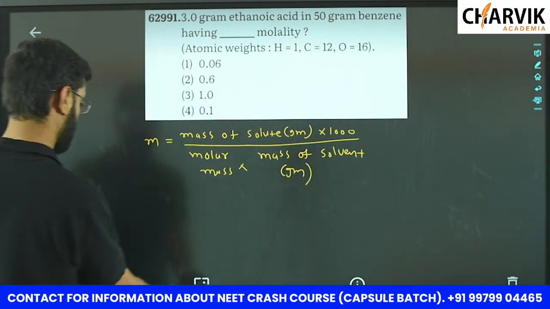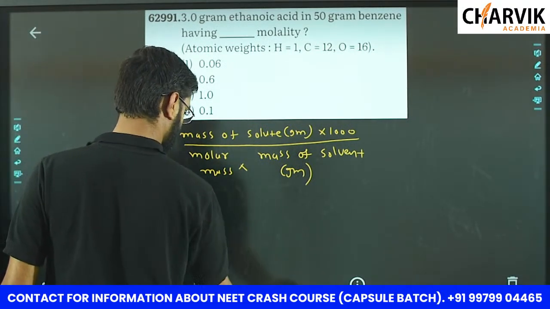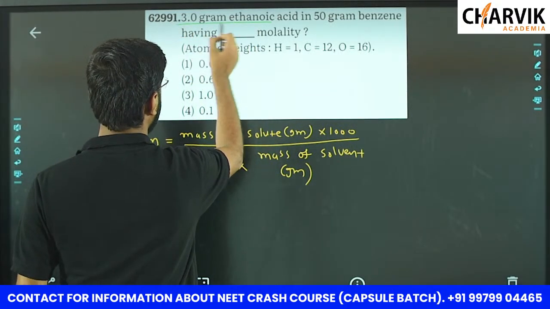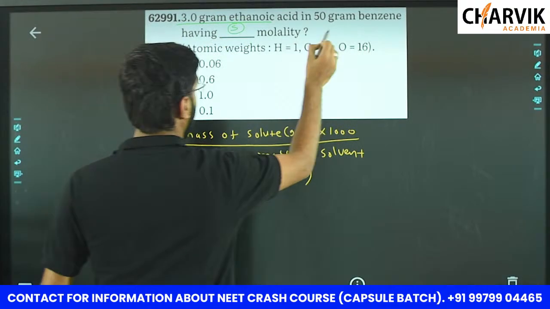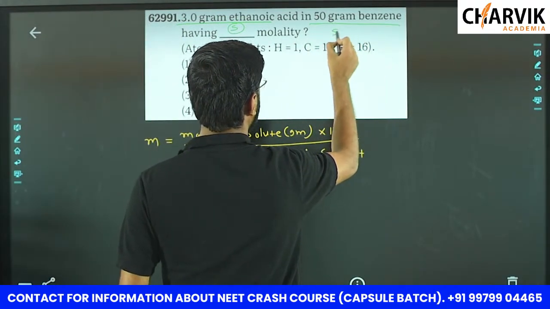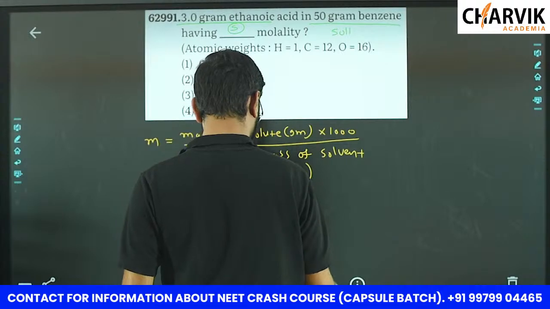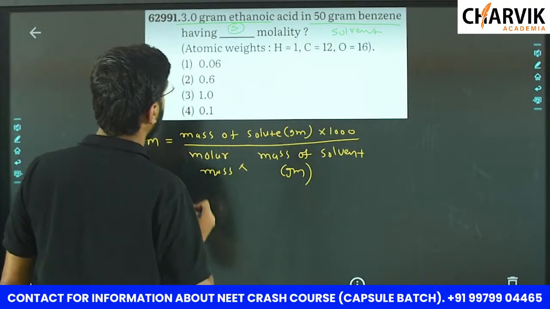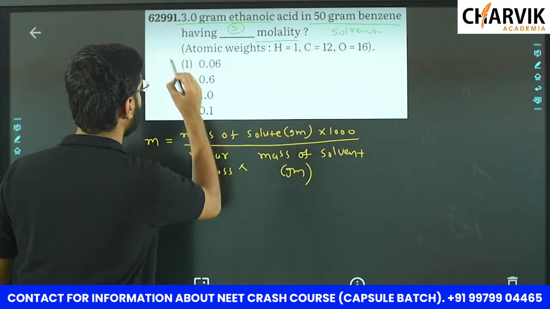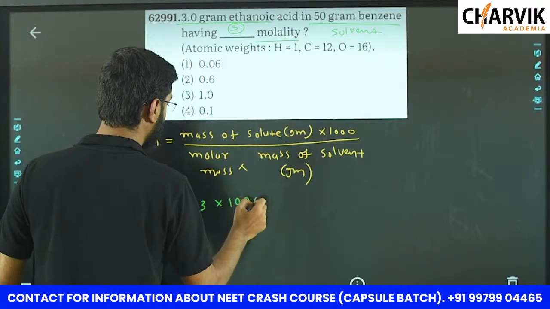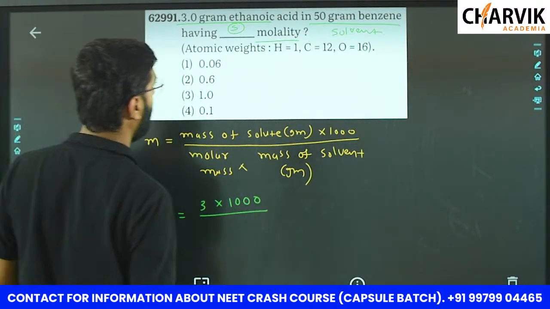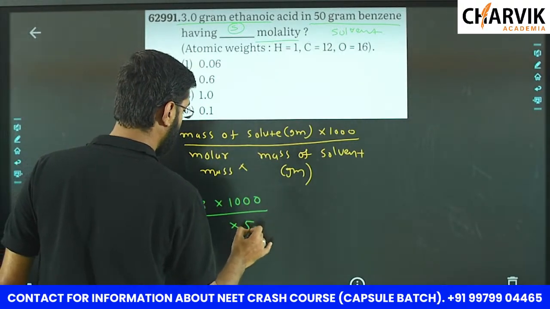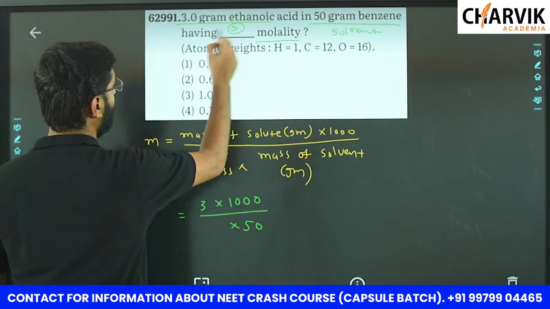Okay. 3 gram ethanoic acid, this is your solute, and 50 gram benzene, this is your solvent, right? And you have to find out molality. Mass of solute is 3 into 1000 upon molar mass of ethanoic acid into 50.